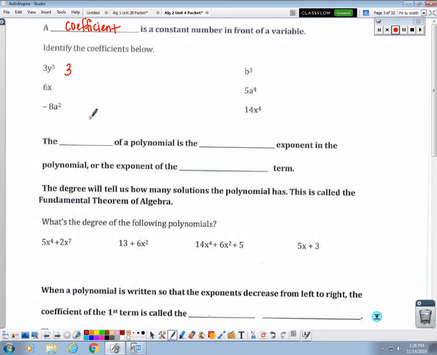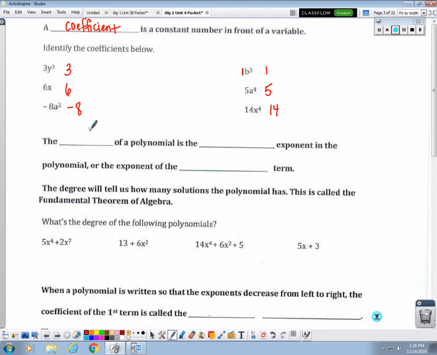What is the coefficient of 6x? And what is the coefficient of negative 8a squared? Okay, what is the coefficient of b cubed? 1. Right, there's an understood 1 here. What's the coefficient of 5a to the 4th? And what's the coefficient of 14x to the 4th? Correct. So those are pretty easy too, to identify the coefficient of a term.